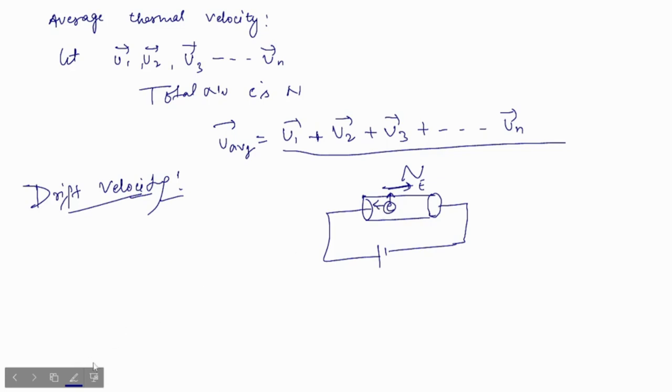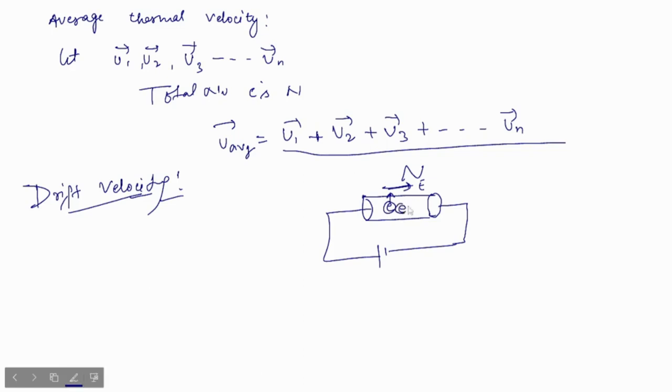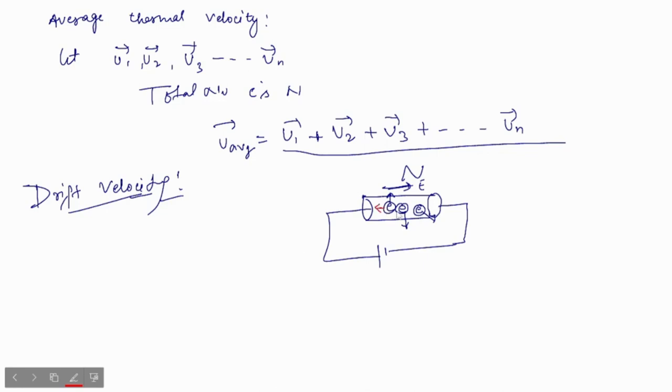They will experience a force in this direction because they are electrons, while the electric field is in this direction. So this electric force will accelerate the motion of electrons opposite to the direction of the electric field.